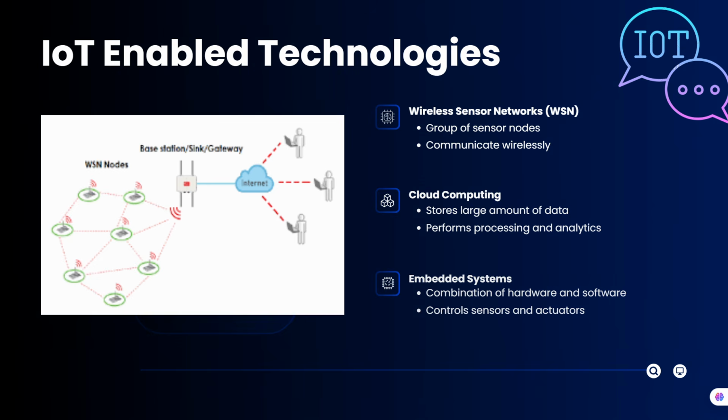Cloud computing stores huge amounts of data and performs data processing and analytics. Embedded systems are small computers inside IoT devices. They run software and control sensors and actuators. Together, these technologies form the backbone of modern IoT systems.